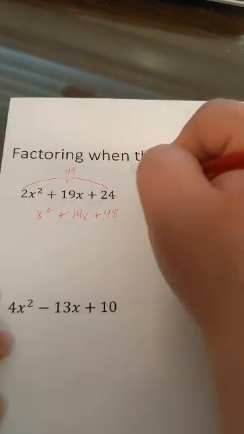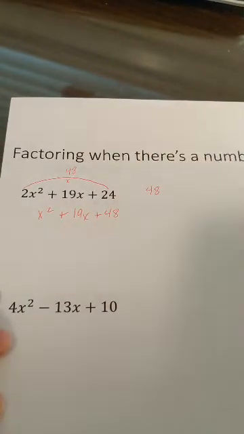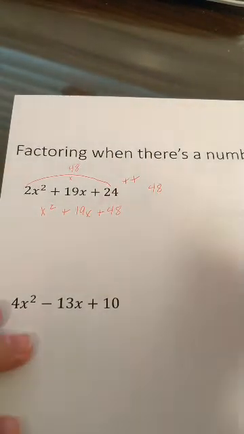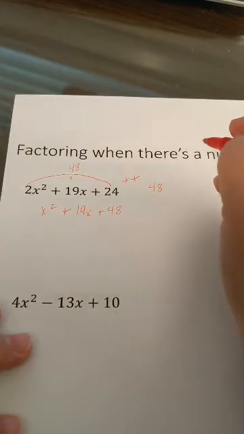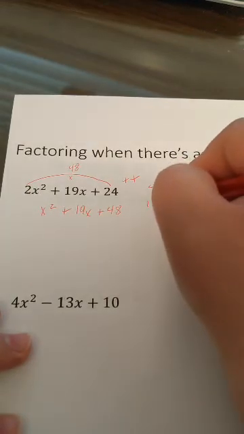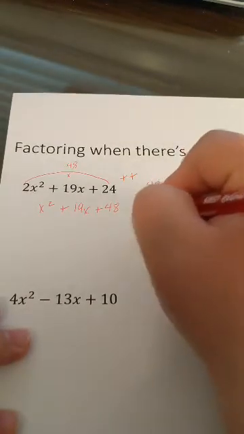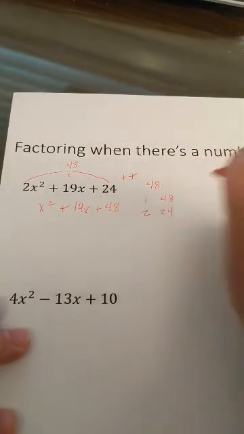So then we're going to factor 48, and we can see that our answers are going to be plus plus. So then 1 and 48. So we're looking for two things that add to 19. So then 2 and 24.